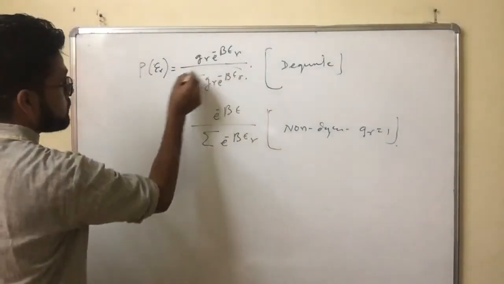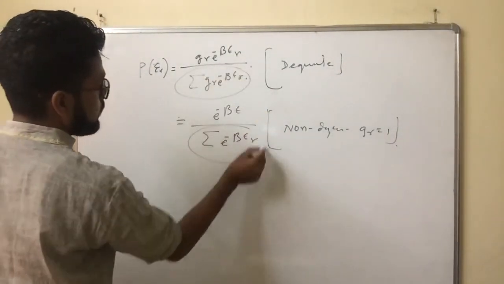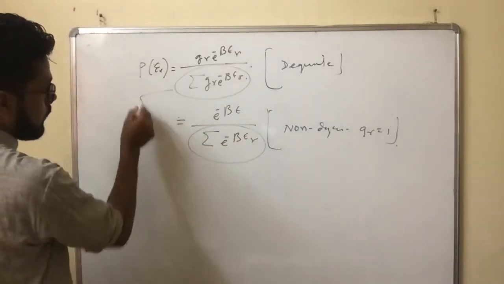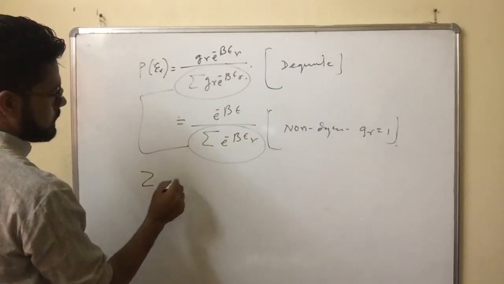And the denominator term is known as the partition function Z.